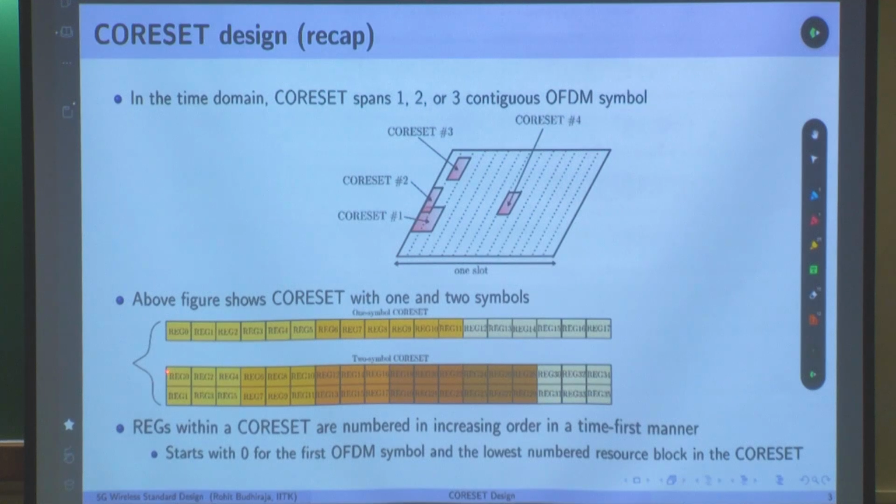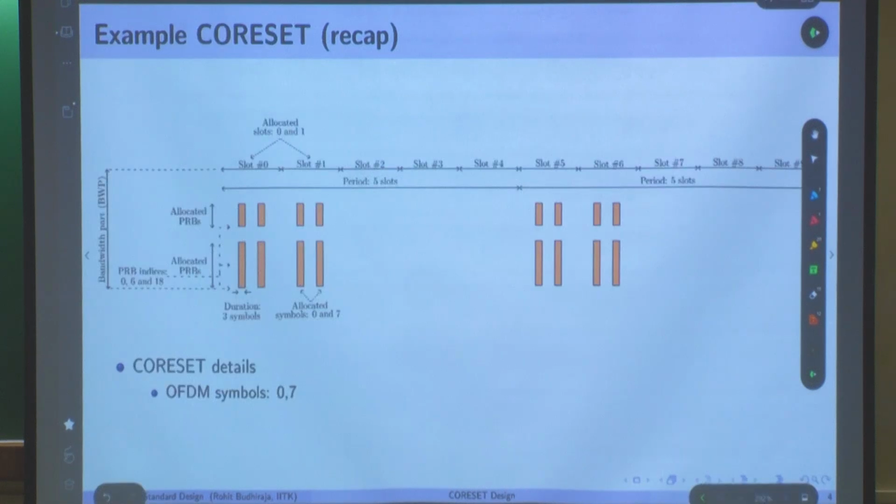This is the frequency where it begins. So REG 0 begins from here, then you move on to the next symbol and go on like this. For 2 symbols, this is 1 CCE, control channel element.